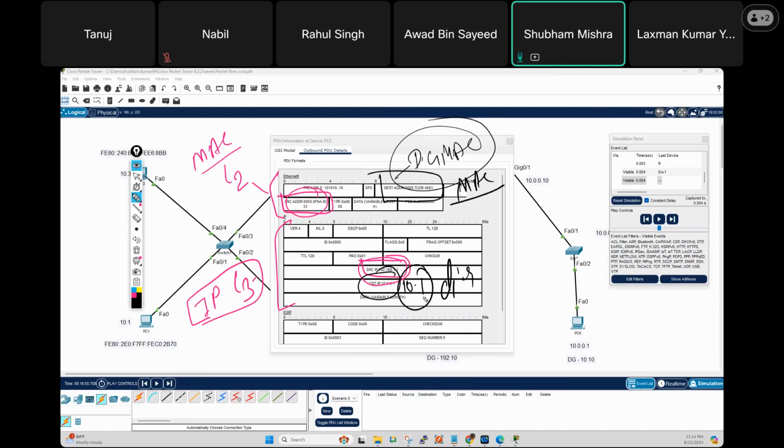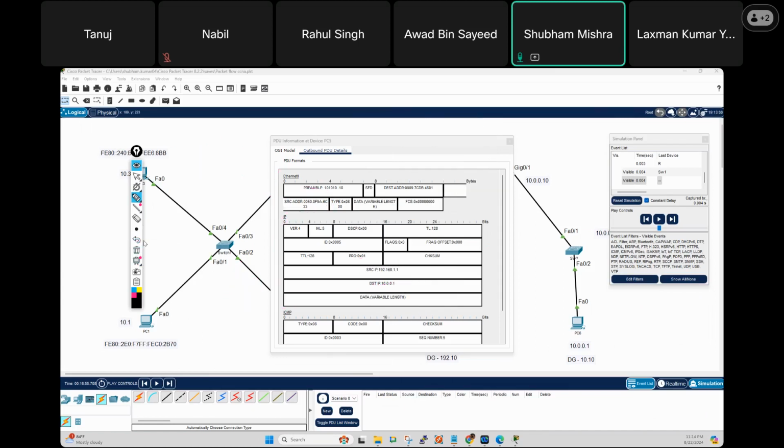But this is not always correct. Sometimes the destination IP address is different and the destination MAC address is different. It means the destination MAC address is of the default gateway, not of this IP. Getting my point, everyone?